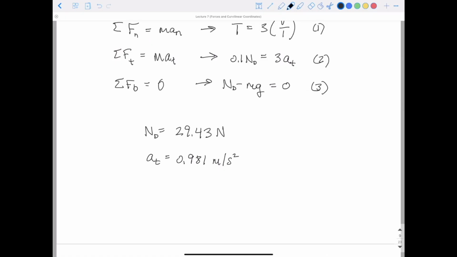And the velocity, we'll call it our critical velocity, when we have breaking, is equal to 5.77 meters per second. So that's the velocity when T is equal to 100 newtons.